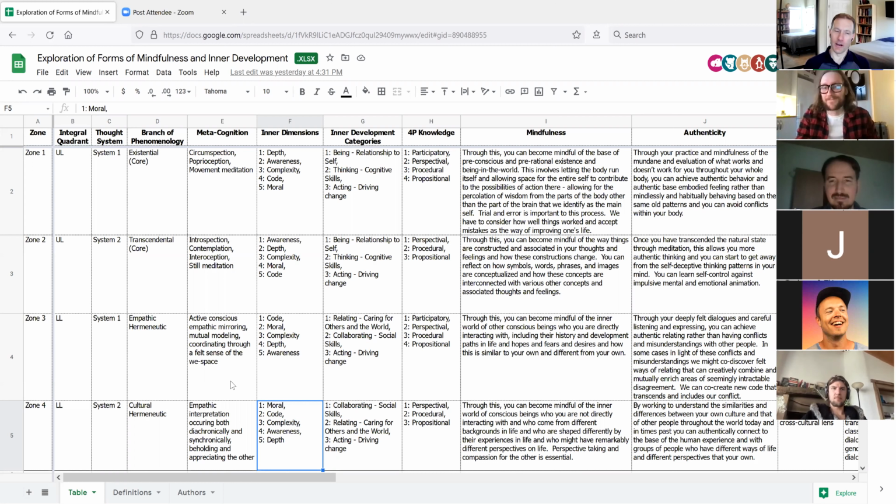So this here is not really fractal. It is actually a little bit similar to that 8-zone model, but it's also similar to how he has in his book Marriage of Sense and Soul the levels of understanding: the eye of flesh, the eye of mind, the eye of spirit.